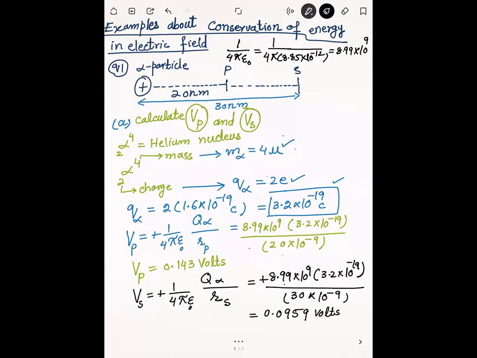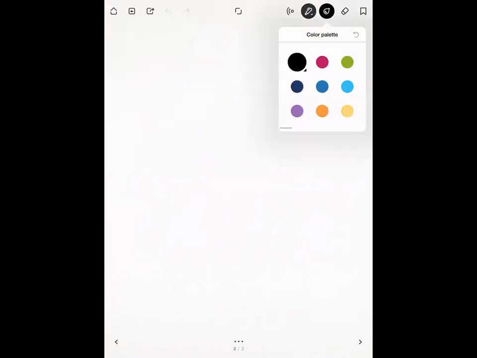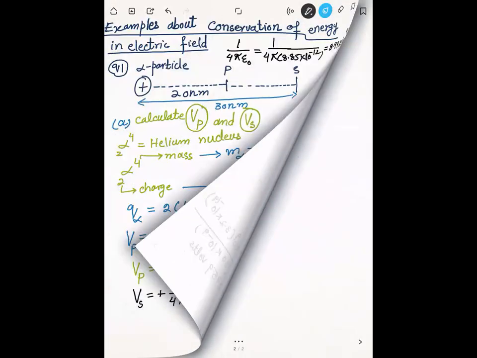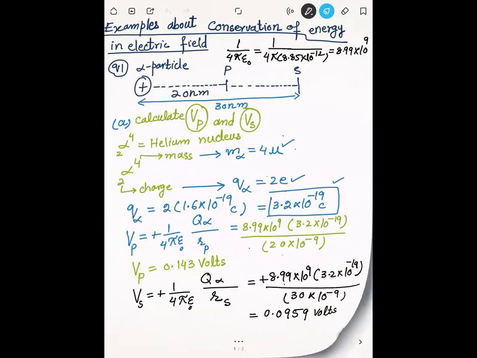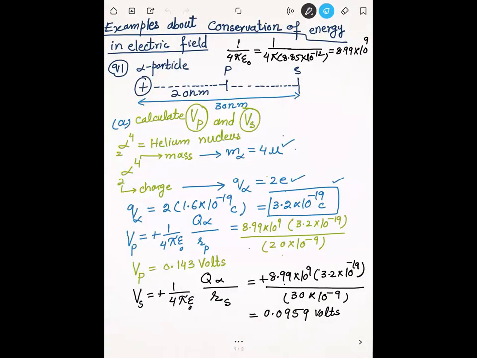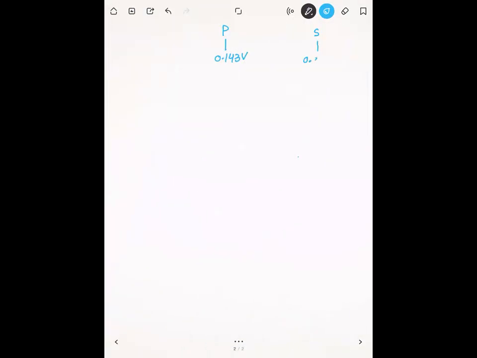So we calculated the potential at point P and at point S. Potential at point P, which is closer to the alpha particle, is 0.143 volts, and potential at point S, which is away from the alpha particle, is 0.0959 volts.